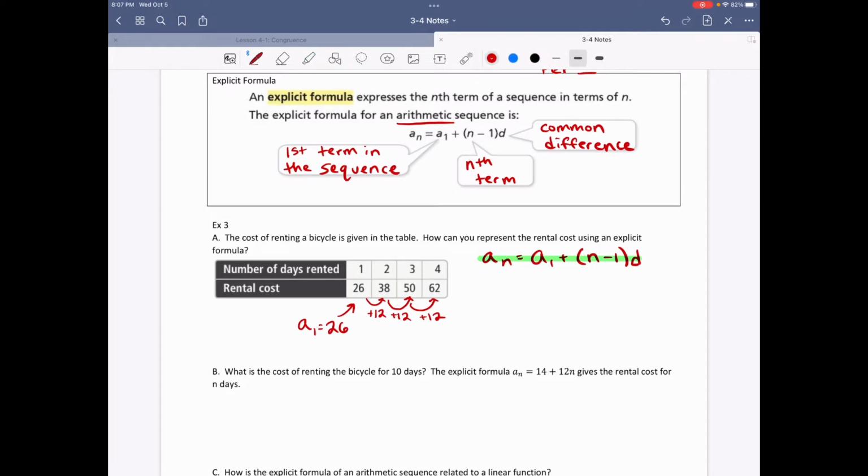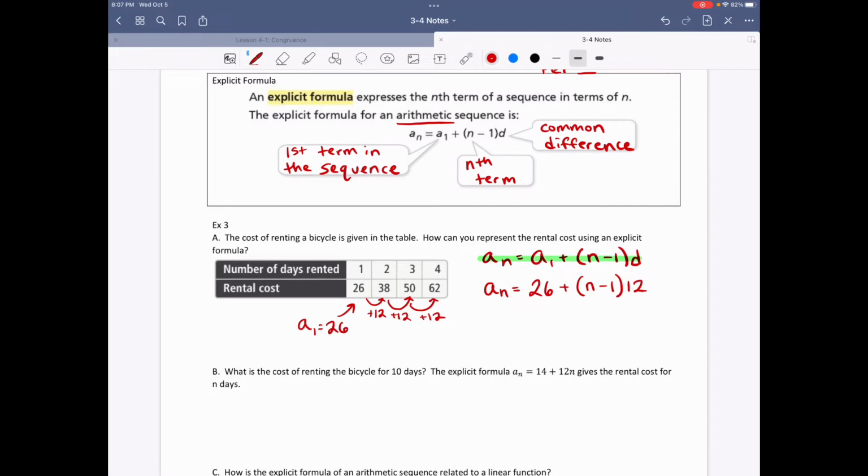All right. So a sub n equals, and a sub n just means any term in the sequence. A sub 1 we found was 26 plus n minus 1, and d we're going to substitute in with 12.